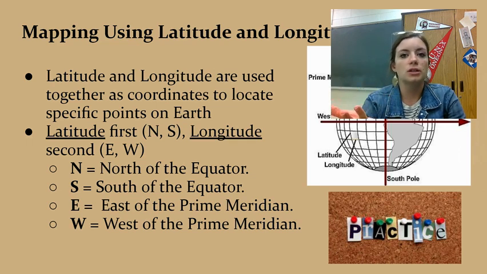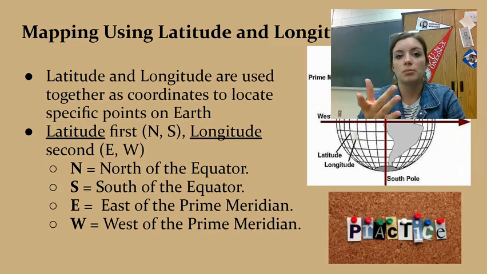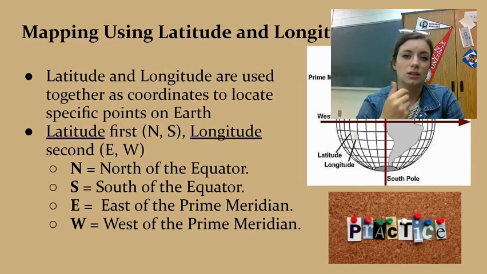But maybe you have a trickier coordinate like 30 degrees north, 40 degrees west. Both numbers exist for latitude and longitude, right? Latitude goes from 0 to 90, and longitude goes from 0 to 180. So it can be a little tricky to remember those. Just remember latitude comes first because it's alphabetically first. All right.